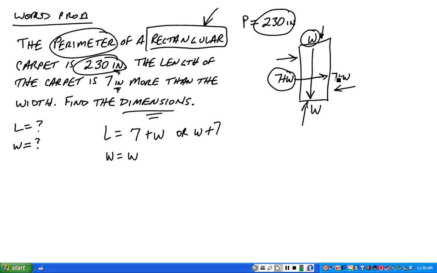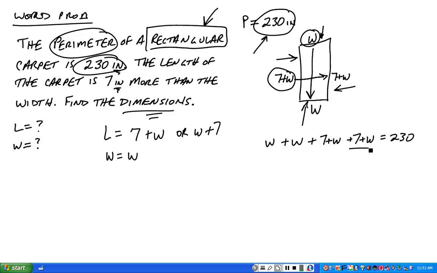Now we know the total perimeter is 230 inches, so we can combine or total or sum all of these sides to get to 230. So we say W plus another W plus 7 plus W plus another 7 plus W. Oops, that's not 7 plus W. Equals 230.